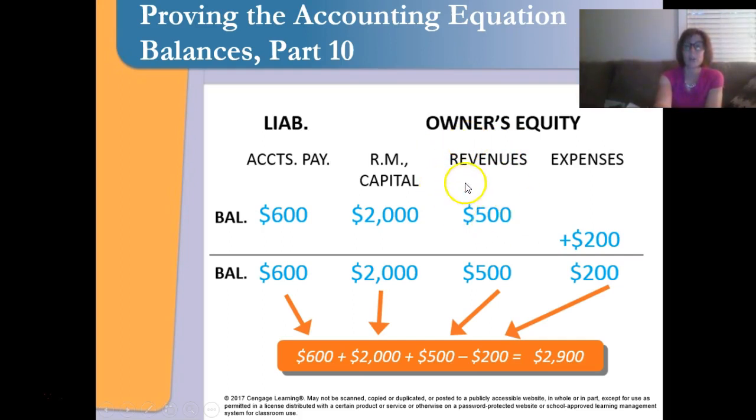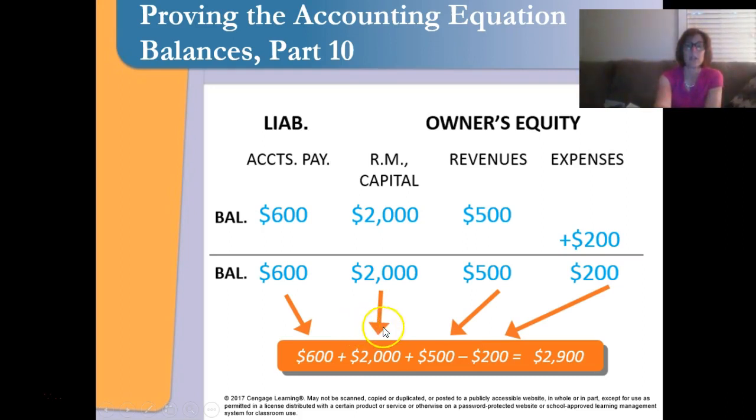So we had revenue, which was 500, and we had expenses, which was 200. And so if we add up our liabilities and we subtract the expenses from the revenue, and remember these two numbers, our revenue and our expense, that's what's known as net income.